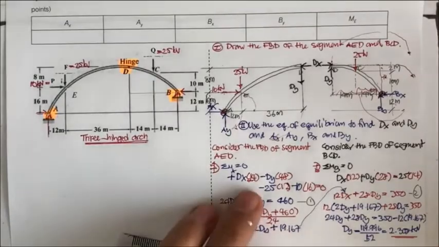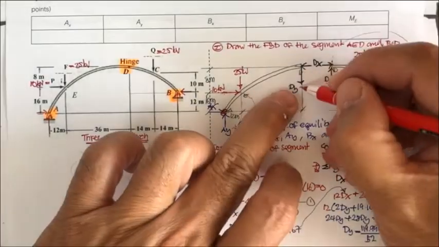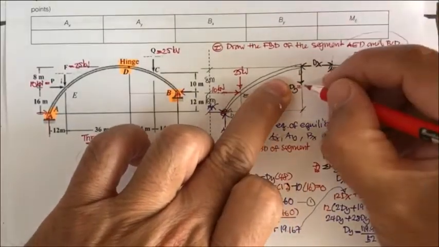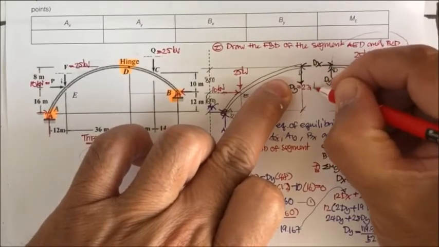Okay, the d sub y is going to be 2.31 kilonewton.